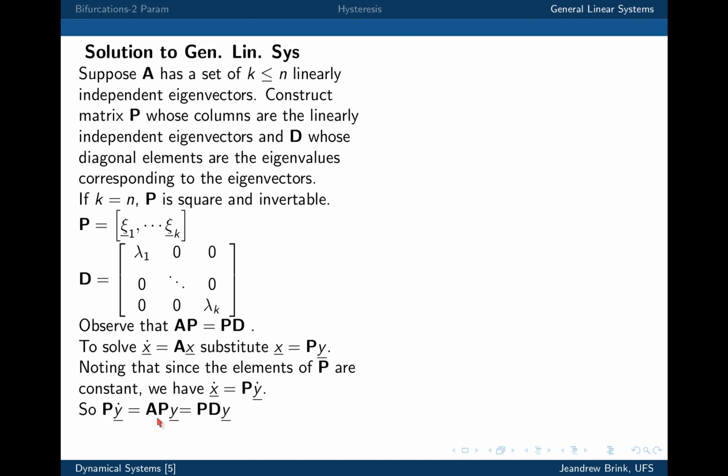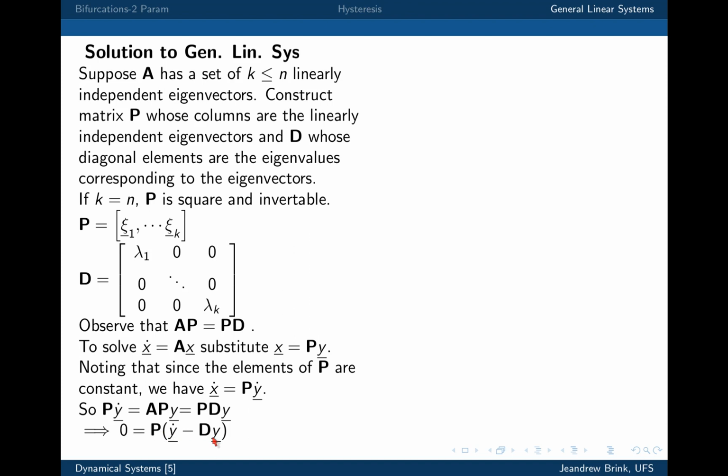And then, because I know this property is true for any K, regardless of whether you have a full set of eigenvectors or not, I replace AP with PD. Moving these onto the same side, I have 0 equals P times (y dot minus Dy).